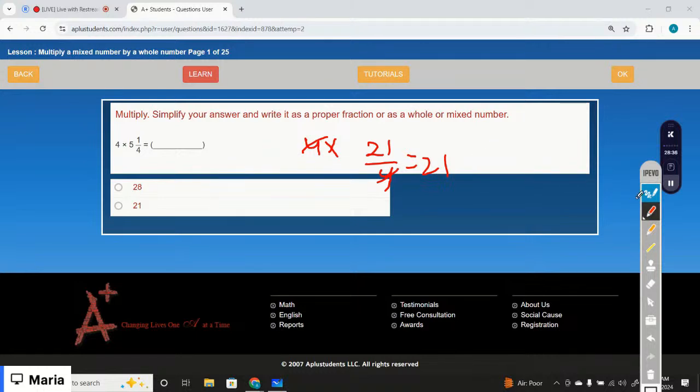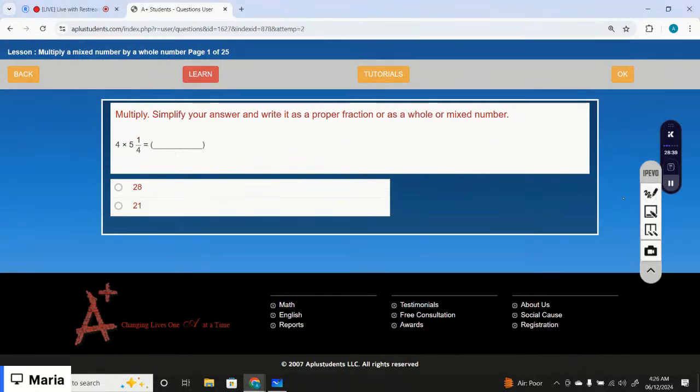Option number 2 is the correct option. That is 21. Very good.